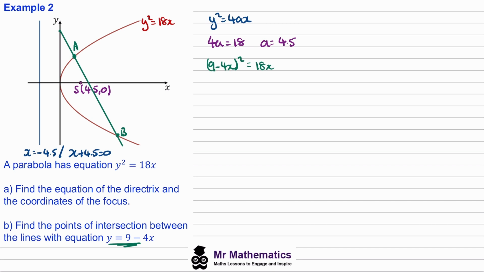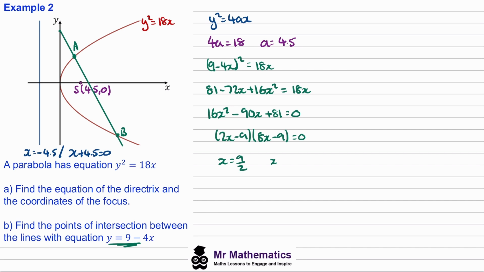We'll expand out this bracket and we'll get 81 minus 72x plus 16x squared. This will equal 18x. I'll move this over to the left-hand side. So we get 16x squared minus 90x plus 81 will equal 0. We can factorize this equation into (2x minus 9)(8x minus 9). So our solutions for x will be 9 over 2 and 9 over 8.